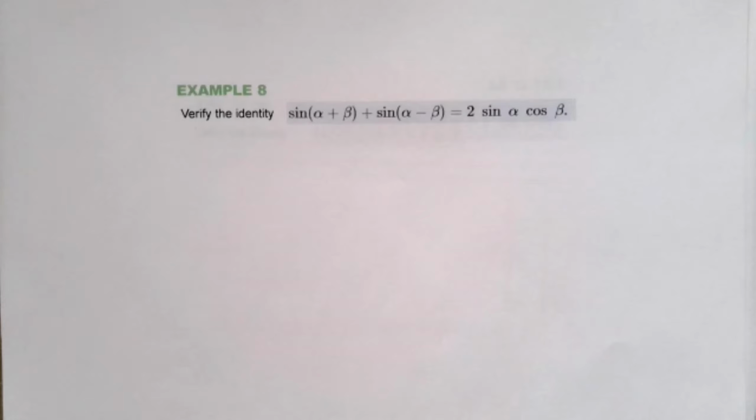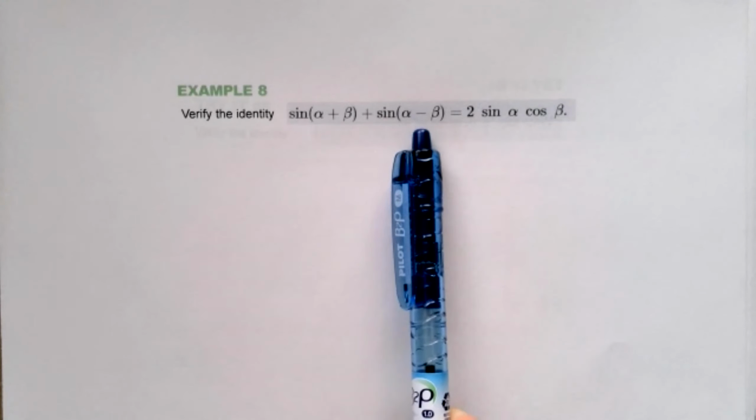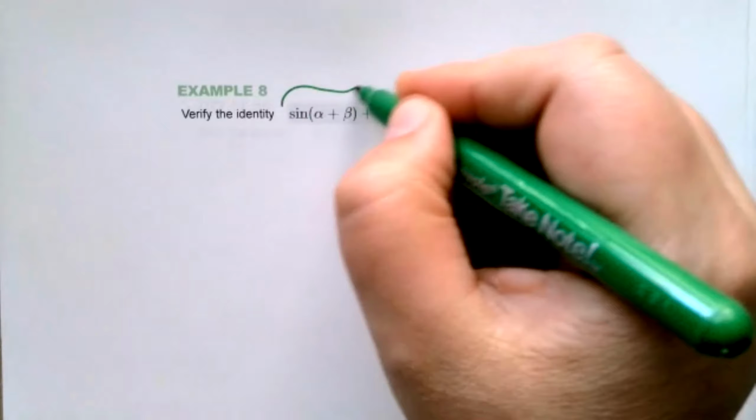Now let's take a look at example 8. Here we're told to verify the identity, and we have our sum and difference of angles. I think our left side is more complicated.